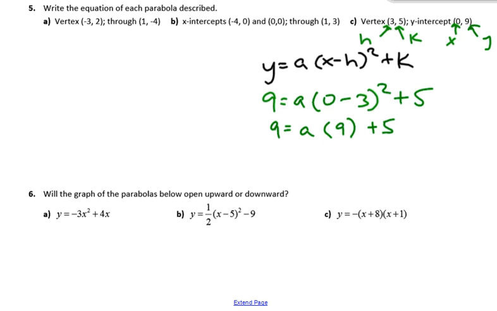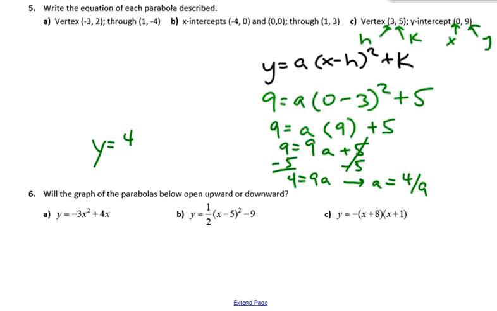Again, please do not add 9 and 5 here. Think of this as 9A plus 5. So subtract 5 first, and we get 4 equals 9A, so therefore A equals 4/9. So then my equation would be 4/9 times X minus 3 squared plus 5.